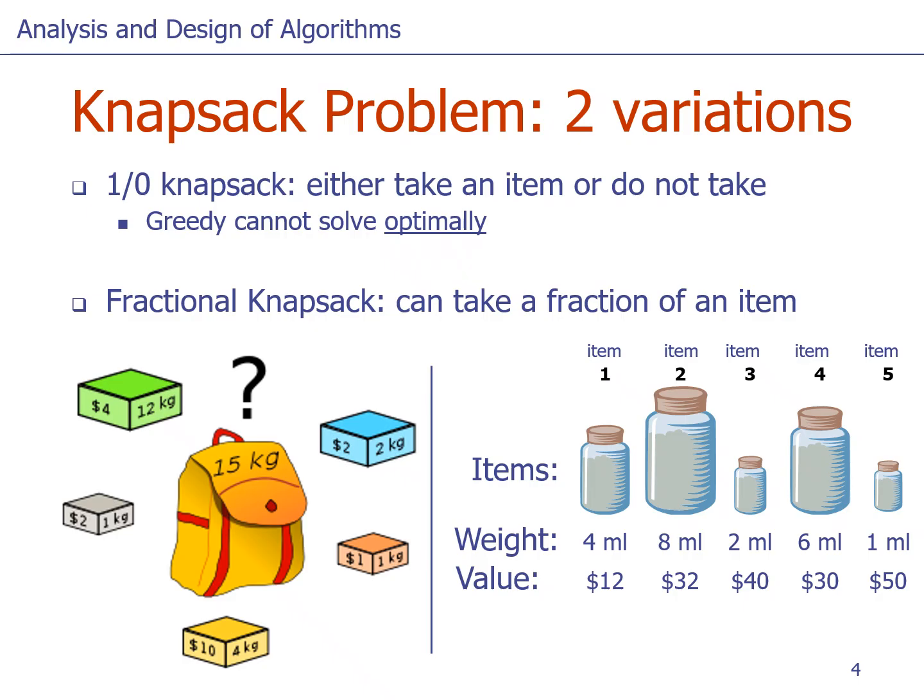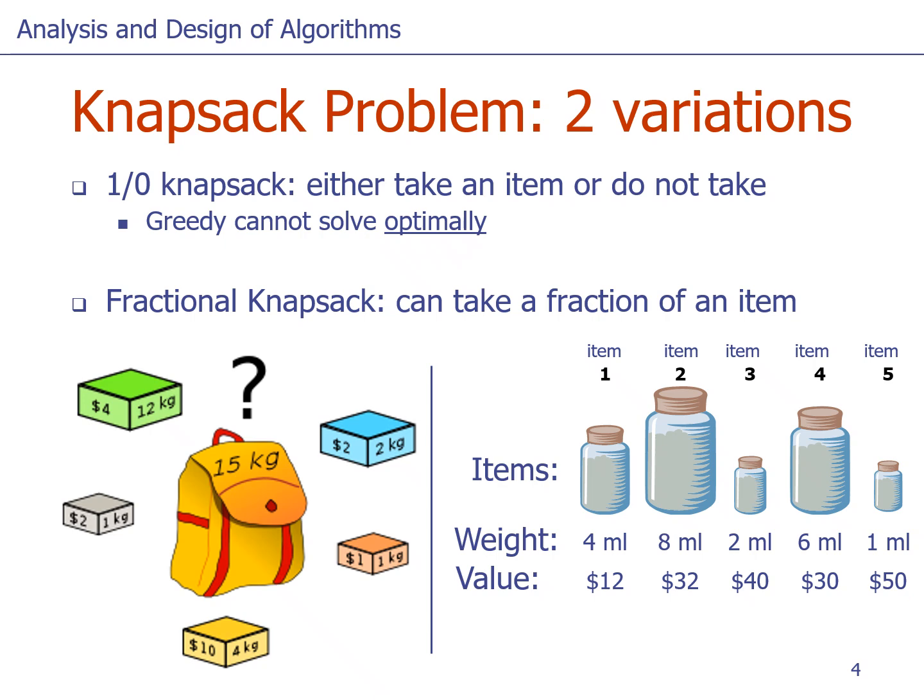So actually these bottles are labeled items from item 1 to item 5. This is what you fill in from. This is not your container that you're trying to fill. This is containing the liquid that you're going to take from. Now in this version, if you look at the first one, which is item 1, it has 4 milliliters that is worth $12. You can take only 1 milliliter, so you can take a fraction of the content.